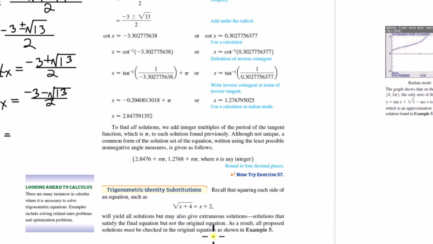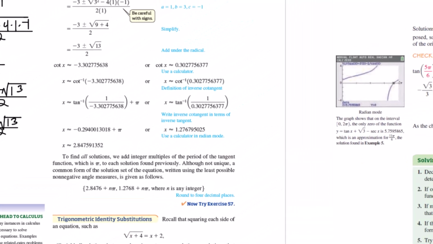Not because you might have made a math mistake, but because even if you did everything correctly, the answer might not check. That was for domain issues, like with a rational equation, where you could be dividing by 0 when you go back to the original equation, even though you got that answer. But then there's also the case of extraneous solutions, like with radical equations where you square both sides to get rid of the radical.